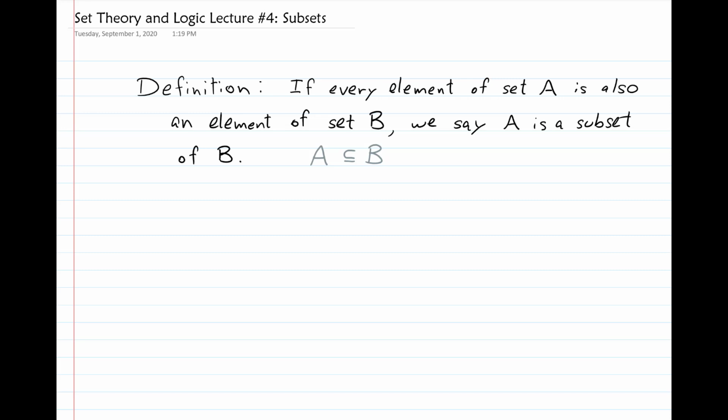So in other words, to show that a set A is not a subset of B, you only need to find one element of A that is not in B. Let's look at some examples.